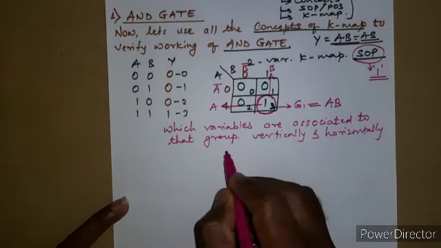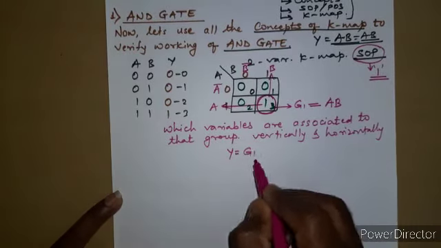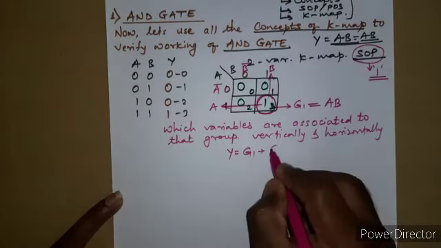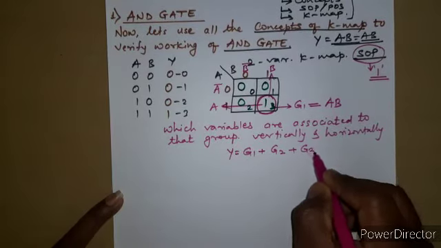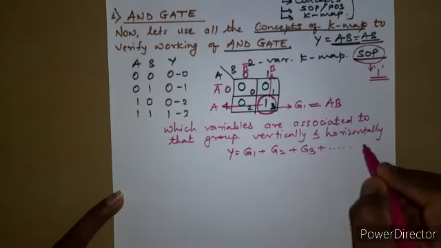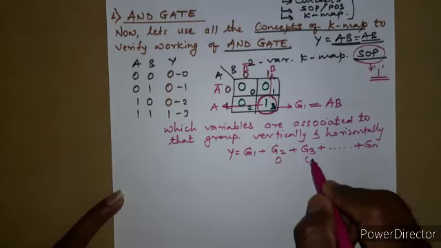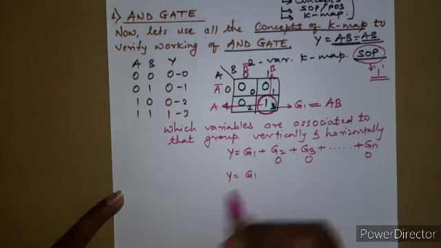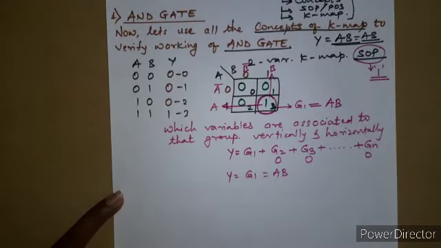Okay, so this becomes Y equal to G1, since we have only one group. If we had different groups, then we have Y equal to G1 plus G2 plus G3 plus so on, Gn, n number of groups. But here, since this is 0, we have only one group, so Y equal to G1, which is equal to AB, right?